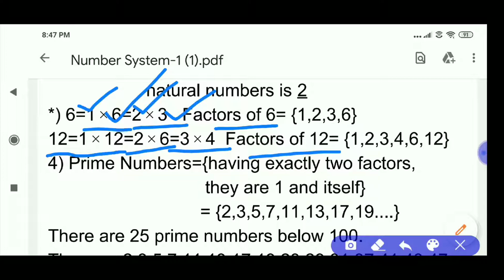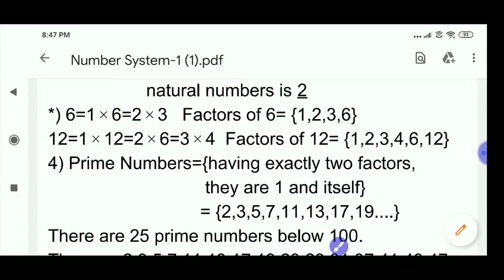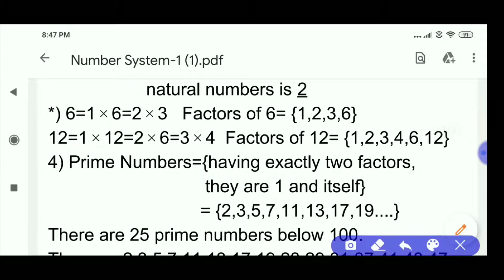So the factors of 12 are 1, 2, 3, 4, 6 and 12. By observing the factors, you can say that 1 is a factor of every number and the number itself is also a factor.